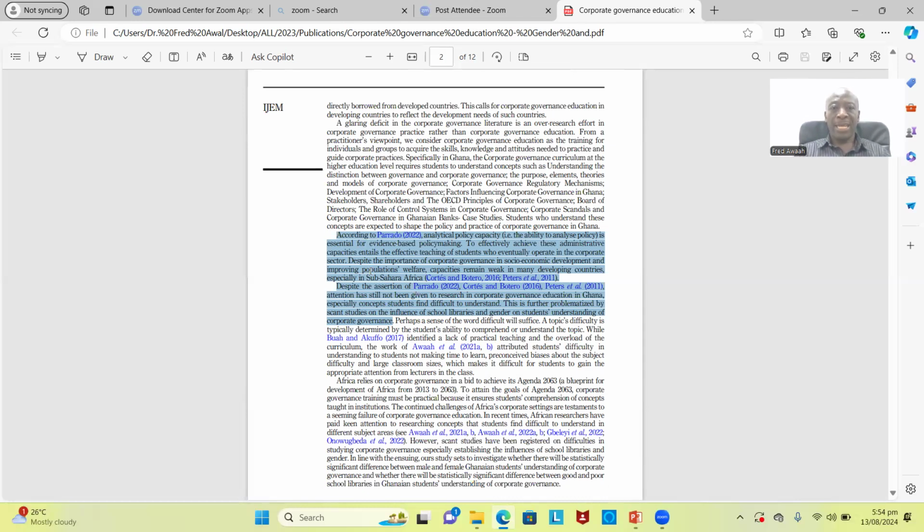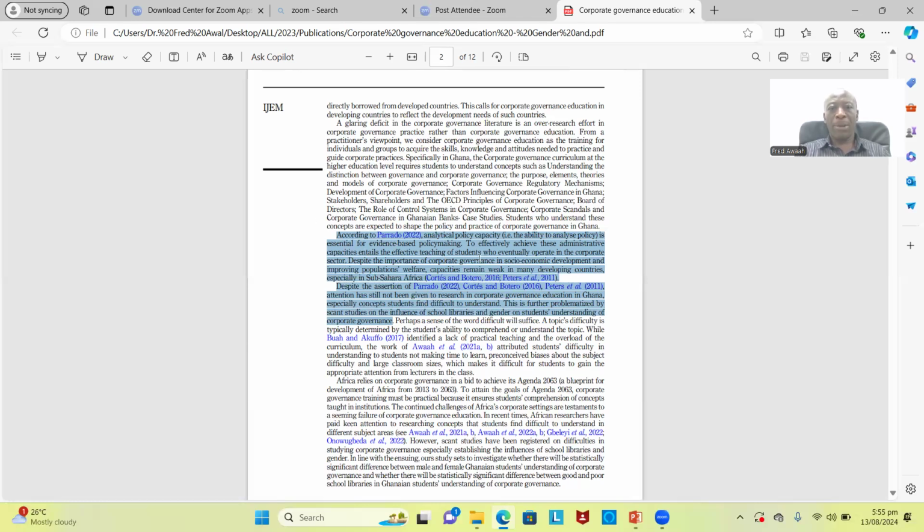So we indicated that according to Parado 2022, analytical policy capacity, that is the ability to analyze policy, is essential for evidence-based policymaking. To effectively achieve this, administrative capacity entails the effective teaching of students who eventually operate in the corporate sector.